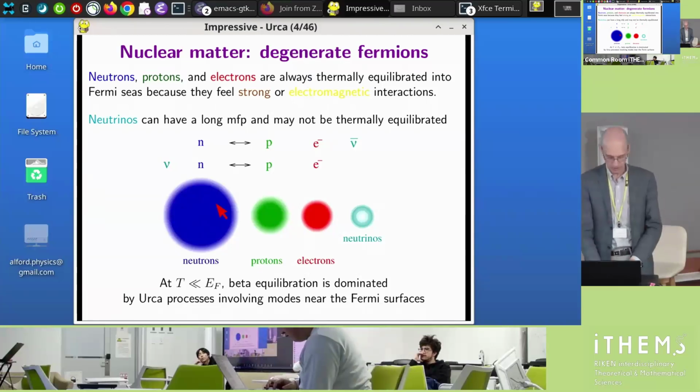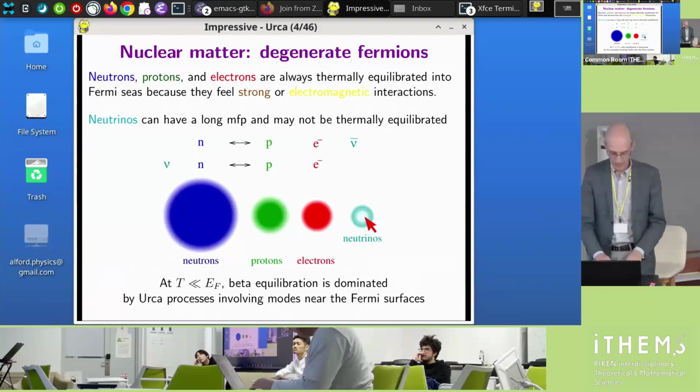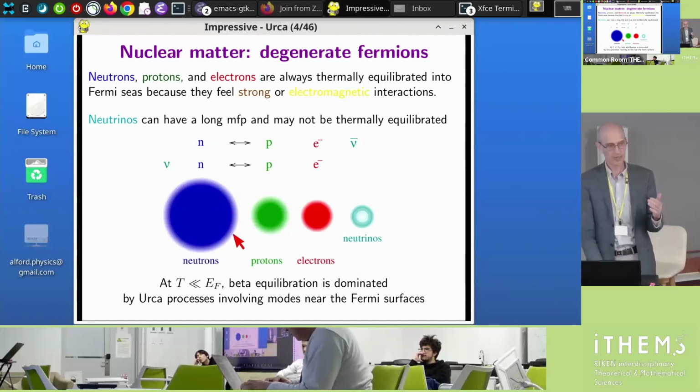So here it's mostly neutrons, so we have a big Fermi sea. This is in momentum space with a large Fermi momentum, a proton Fermi sea with a smaller Fermi momentum, an electron Fermi sea, and a neutrino Fermi sea, which may or may not be thermalized, so I've drawn it with this funny shading. And you see that there's a little bit of blurring at these surfaces here, and that's because of the temperature. The temperature blurs out the Fermi surface, so there are some occupied states above and some holes below the Fermi surface.